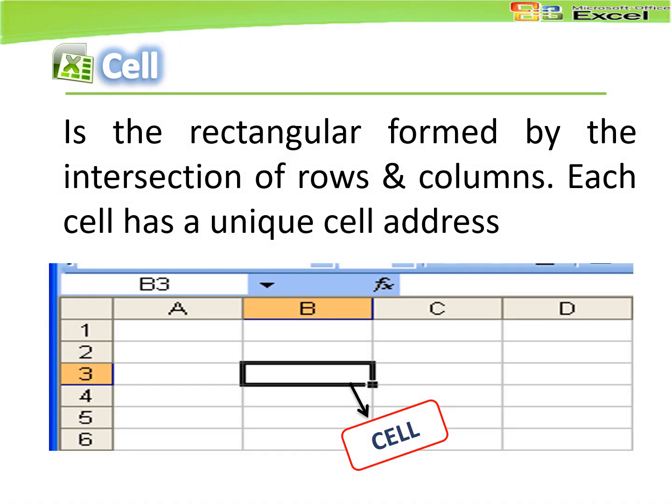And we have your cell. So it is a rectangular form by the intersection of rows and columns. So each cell has a unique cell address. Like for this example, the cell address of the selected cell is B3.